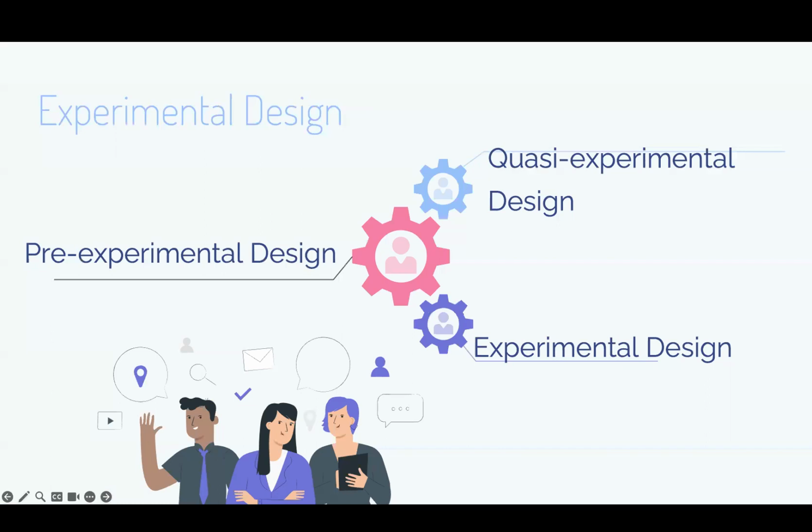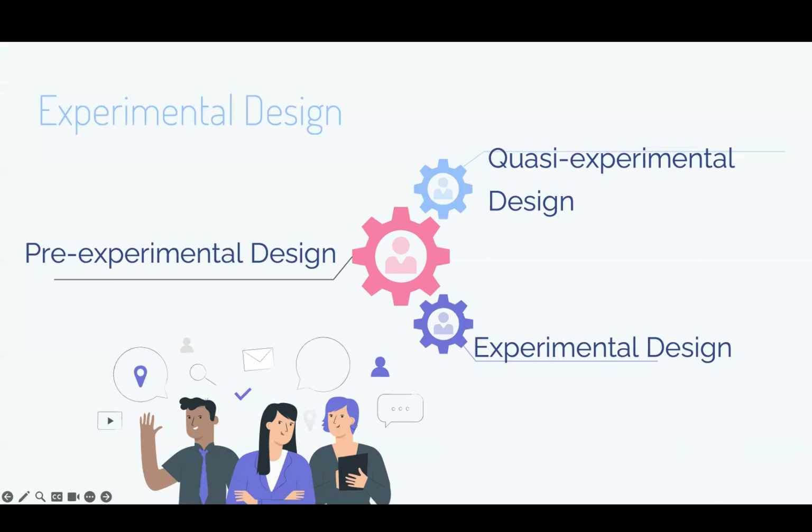This form often involves a single group or case without random assignment or more rigorous trials. Pre-experimental designs are usually for preliminary investigation, but are generally less reliable due to the absence of a control group or randomization, which leads to a higher susceptibility to confounding variables.